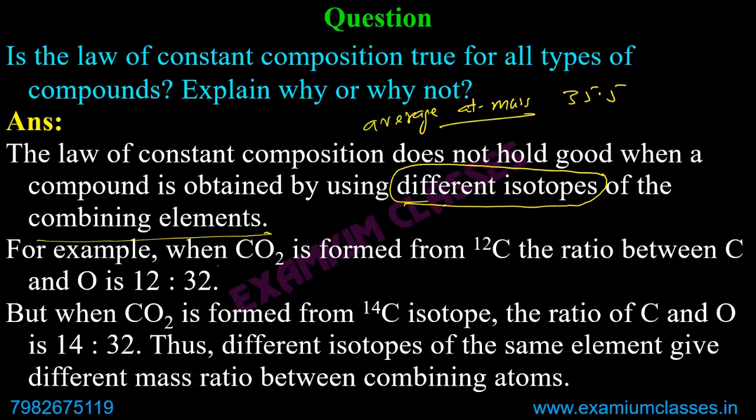So carbon dioxide can be 12:32 ratio, carbon versus oxygen, or 14:32, depending on whether we are talking about C12 or C14. Is that clear, everyone? Yes, sir. Any confusion? There should not be any confusion here.